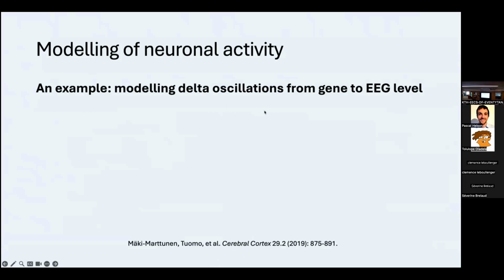And we focus on delta oscillations. Delta oscillation alterations are quite a robust phenomenon in schizophrenia patients, but it's also quite varied. Some studies show that it's increased and some that it's decreased, and it's likely to be dependent on the brain area where you measure.